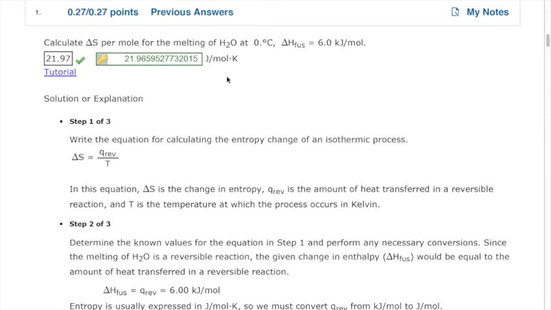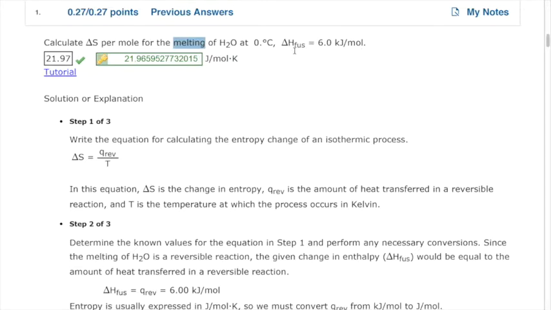In this case, and this is actually pretty tricky. A lot of the questions on this progress check are tricky. This is for a melting process. So we have to understand that the delta H fusion represents the heat change for this process because it is a melting process.